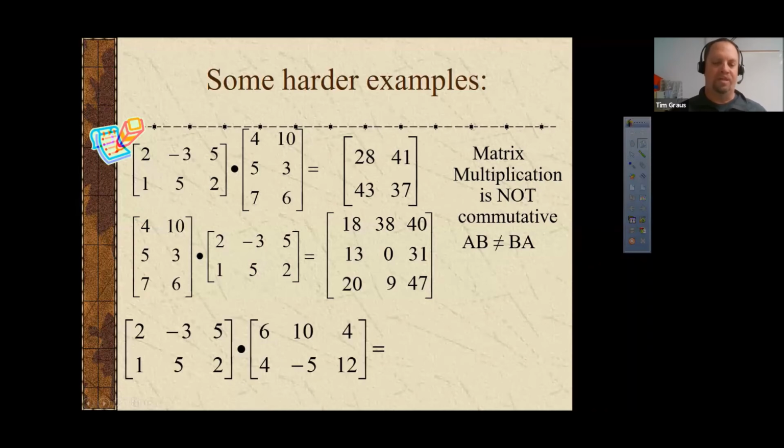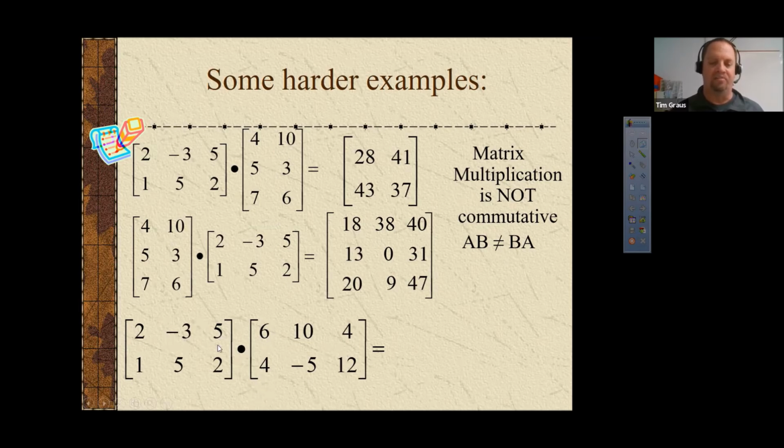All right, one more thing to try here. We're going to try to multiply this matrix times this matrix, a little bit bigger. I wonder what we'll get. So I have to multiply the row times the column. 2 times 6 is 12. Negative 3 times 4 is negative 12. And 5 times, wait, there's nothing to multiply the 5 times.